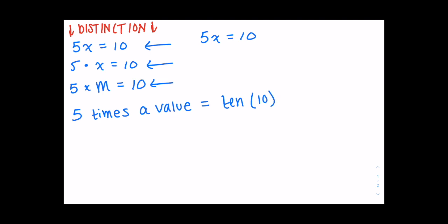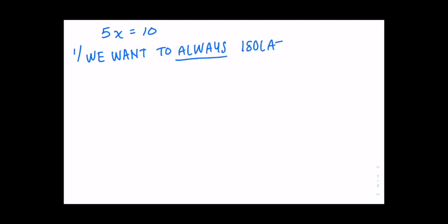Now to solve the problem, 5x equals 10. Our first rule is that we want to always isolate our variable.